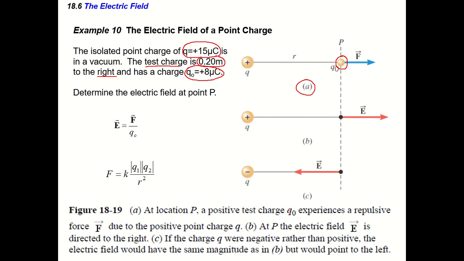A positive test charge Q sub 0 experiences a repulsive force, because this is positive, so the repulsive force goes in this direction.